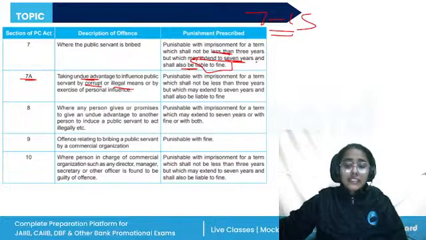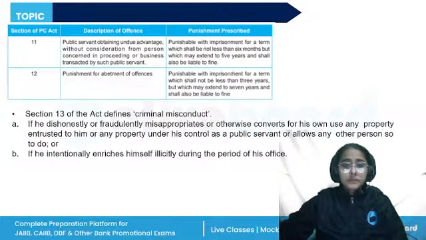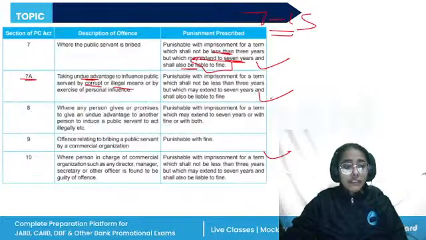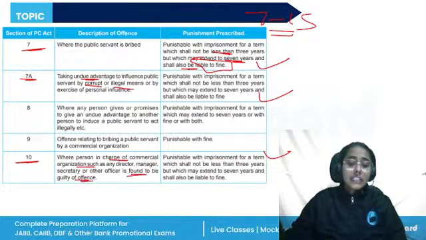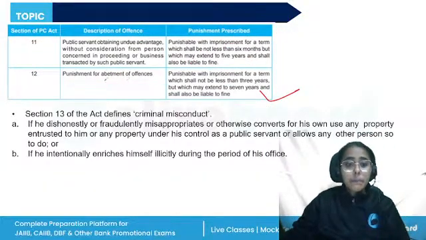So, in many cases, we will see the offenses have the same punishment. Section 7, 7A, and section 10 deal with the same punishment: when a public servant is bribed, taking undue advantage to influence a public servant, and when the person in charge of the commercial organization is found guilty of the offense of corruption, and the punishment for abatement of offenses.